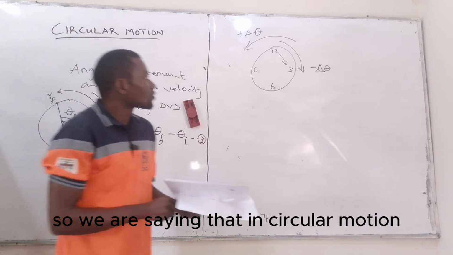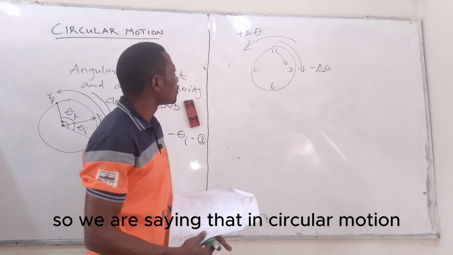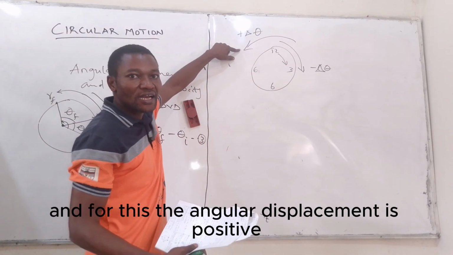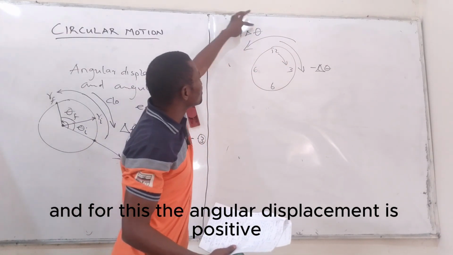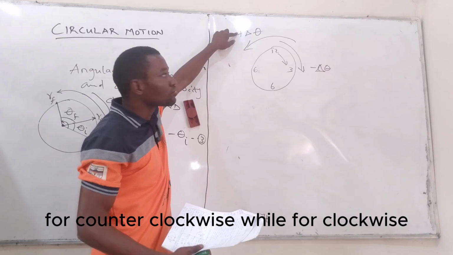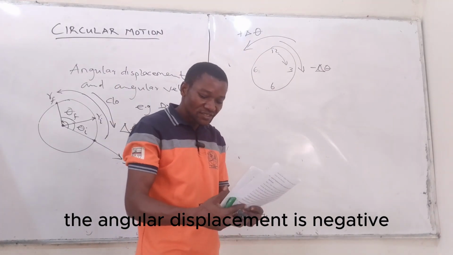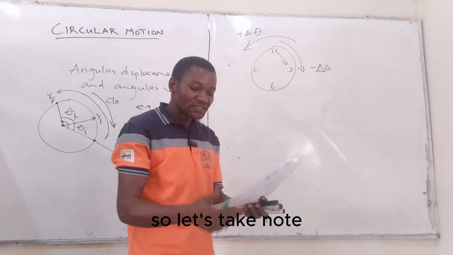Okay, so we are saying that in circular motion, the angular displacement is positive for counterclockwise, while for clockwise, the angular displacement is negative. So let's take note.